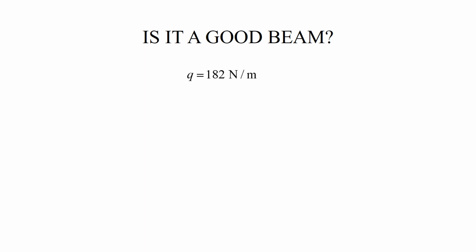To answer this question, I will simply take the maximum allowable load on this beam, 182 newtons per meter, and compare this Q with Q_W, which is the uniformly distributed load due to the beam weight. To calculate this load, I use the definition that this is the weight per unit length.